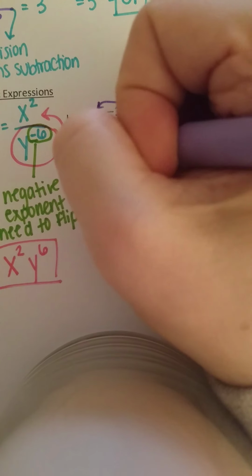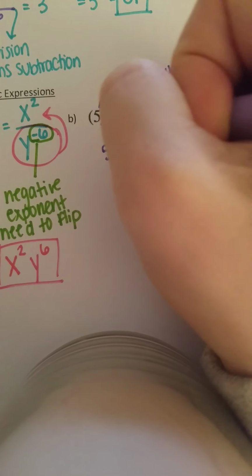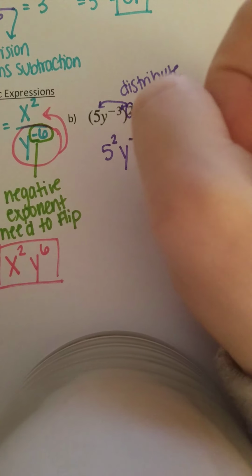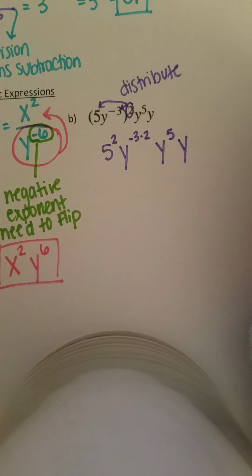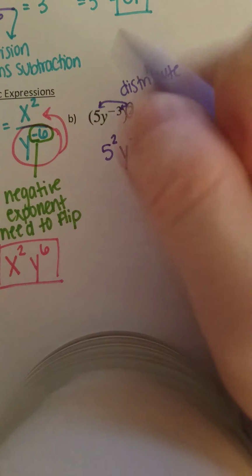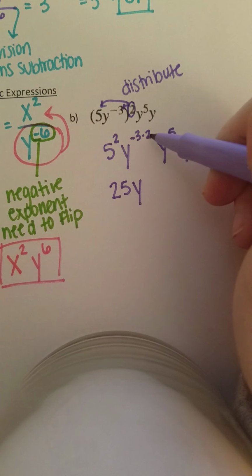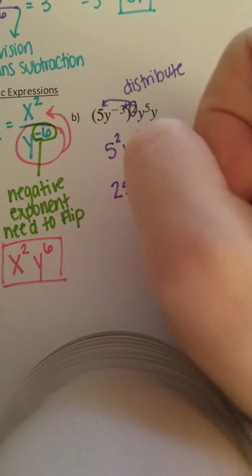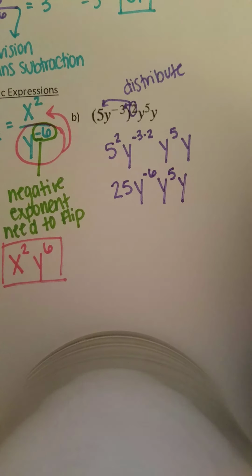So now we have 5 squared, y to the negative 3 times 2, y to the 5th, and y. All right, now let's first start by simplifying. So 5 squared is 25. Negative 3 times 2 is negative 6. And then we just bring down our y to the 5th and our y.